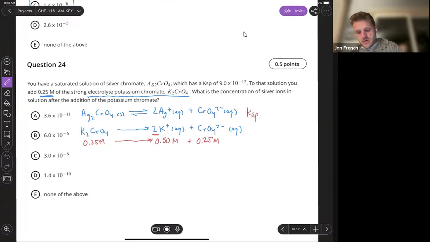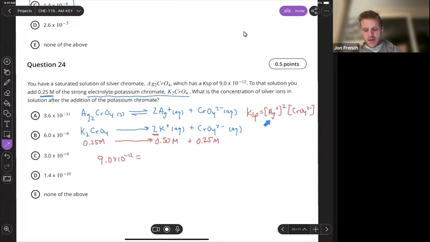All right, KSP equals concentration of silver squared times the concentration of chromate. My KSP is 9 times 10 to the minus 12. Here again, it's a little bit different, a nuance of how and when to do things like this.